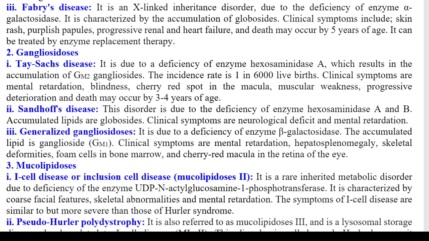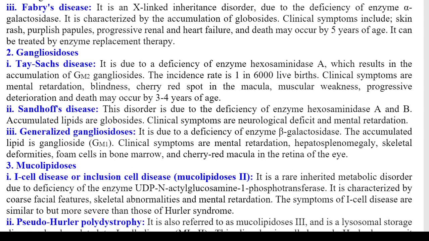This disorder is due to the deficiency of the enzymes hexosaminidase A and B. Accumulated lipids are globosides. Clinical symptoms are neurological deficit and mental retardation. 3. Generalized gangliosidosis. It is due to a deficiency of the enzyme beta-galactosidase. The accumulated lipid is ganglioside GM1. Clinical symptoms are mental retardation, hepatosplenomegaly, skeletal deformities, foam cells in bone marrow, and cherry red macula in the retina of the eye.